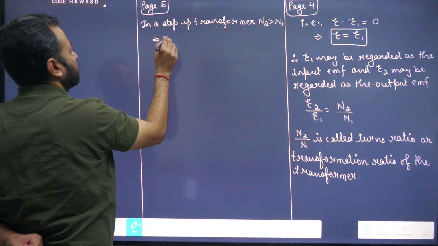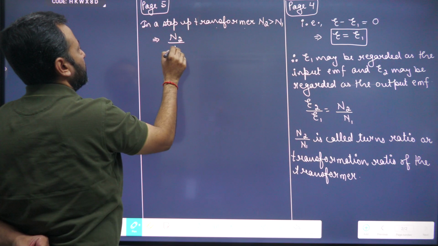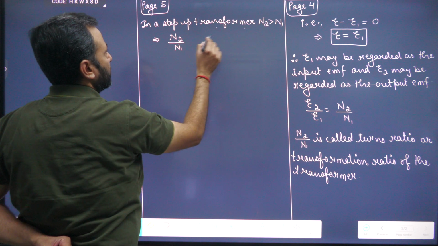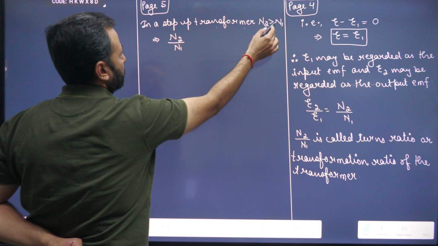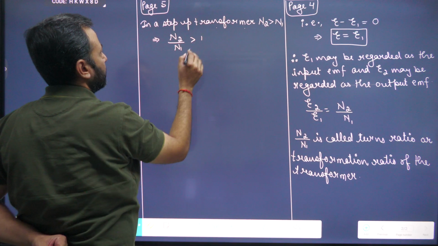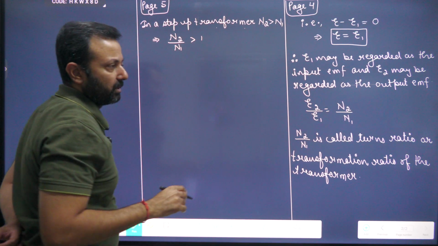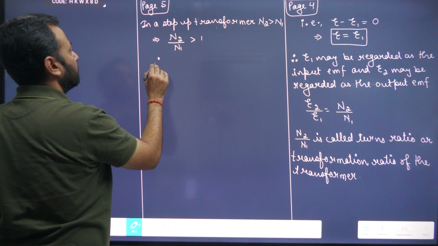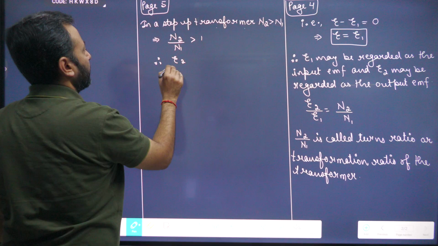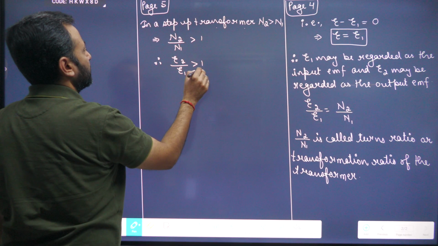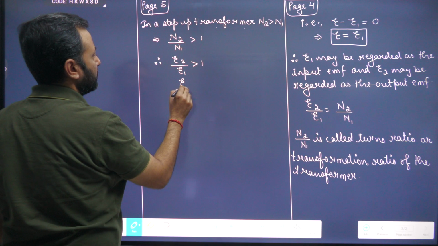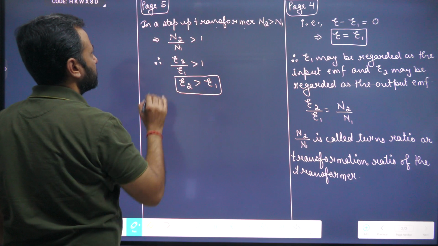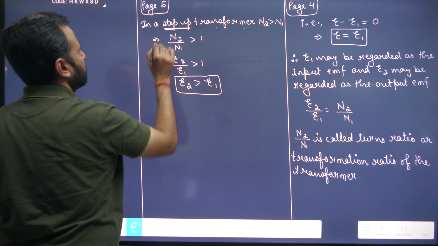It implies that N2 upon N1, if I bring this N1 in the denominator, will be greater than 1. And N2 upon N1 is equal to E2 upon E1. Therefore, E2 upon E1 is greater than 1, and if I take E1 here, then E2 is greater than E1. So this was the case of the step-up transformer.